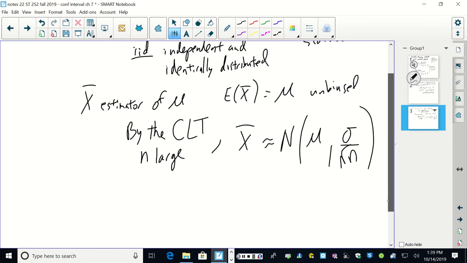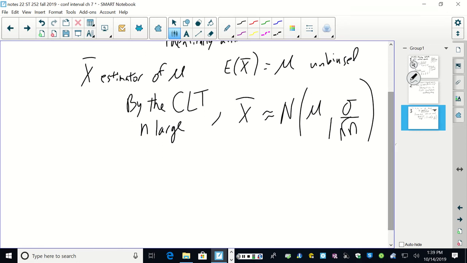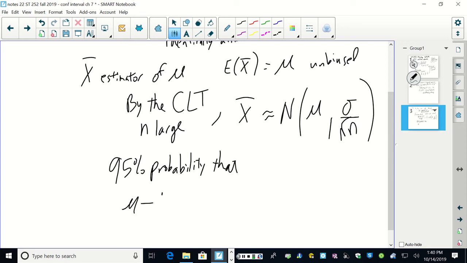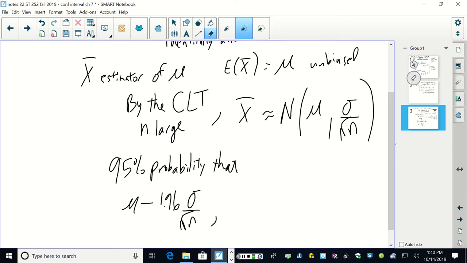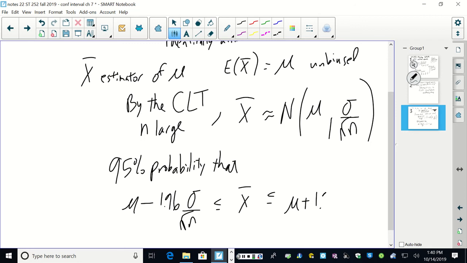And in particular, we can say something like there is 95% probability that x bar falls between the mean minus about 1.96 standard deviations up to the mean plus 1.96 standard deviations.